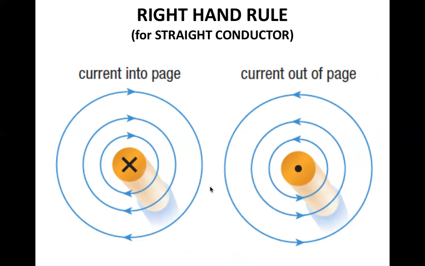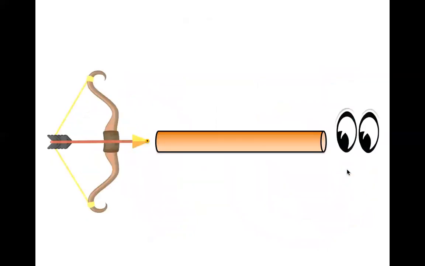So if the circle is lying flat on the page, we have to be able to show that the current is coming out of the page or into the page. Into the page is an X, and out of the page is a dot.